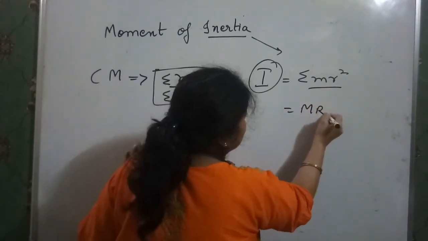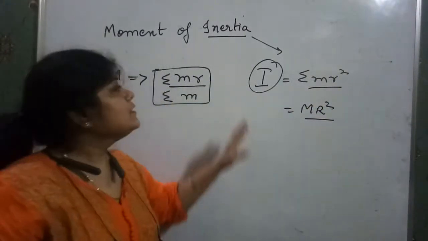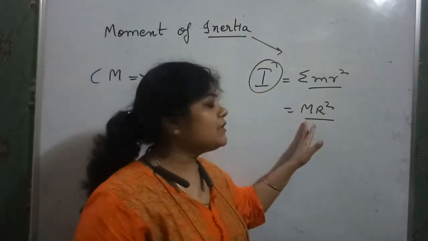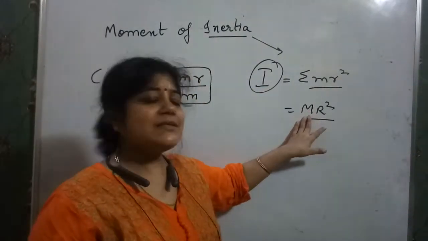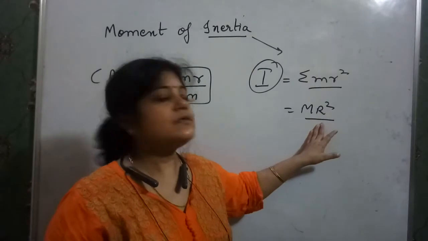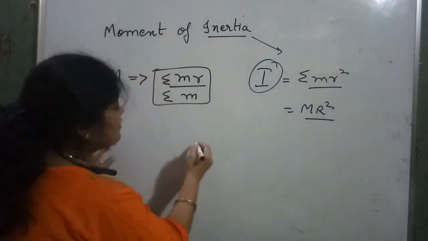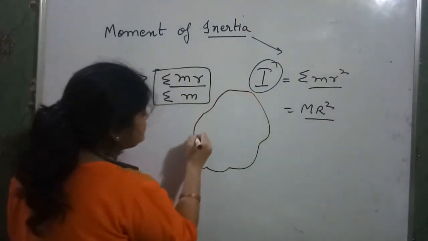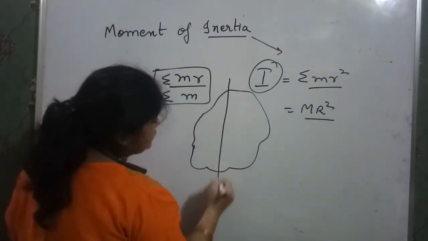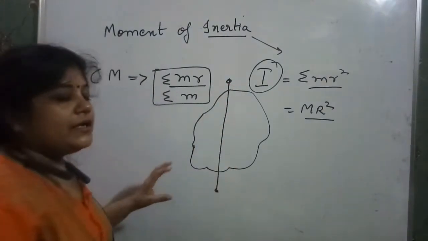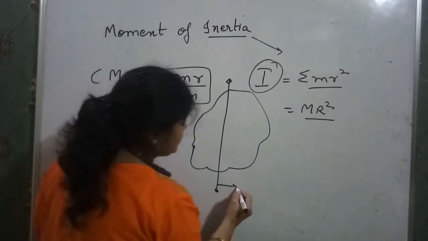That is, the moment of inertia is the product of masses and the square of the distance of the particle. For example, there is a rigid body and this is the axis of rotation.